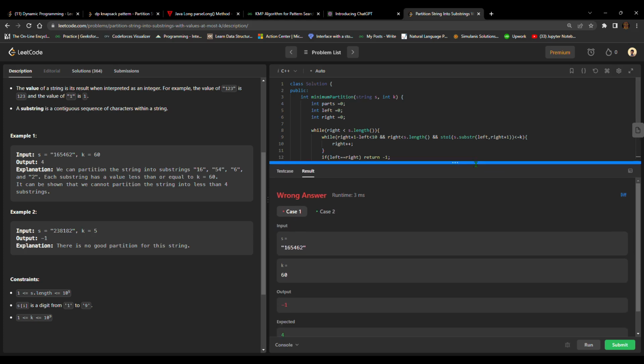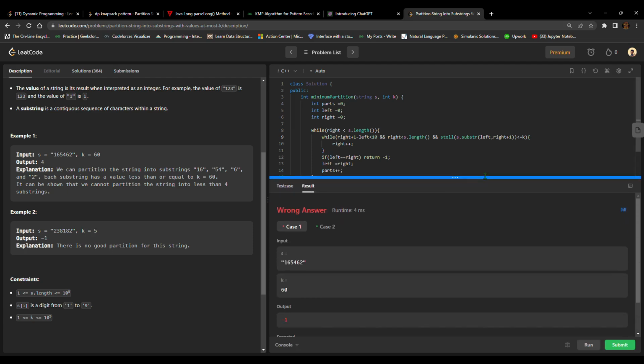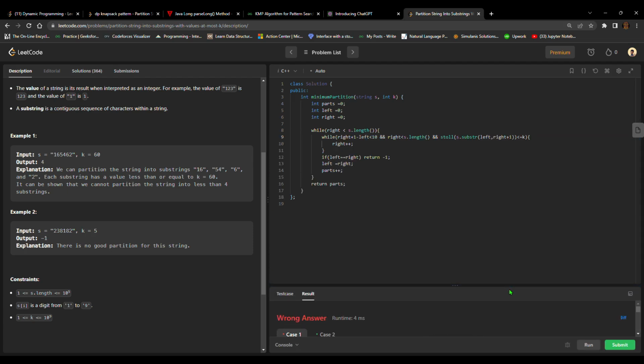Okay, this shows an error. I think this is again stoll, long. Okay, this shows again an error. So we said right plus plus, and we just returned the number of parts.